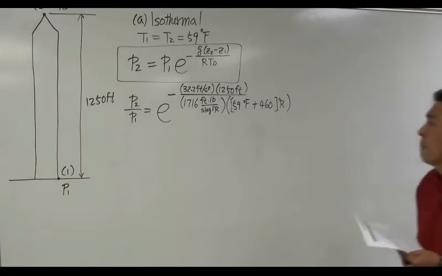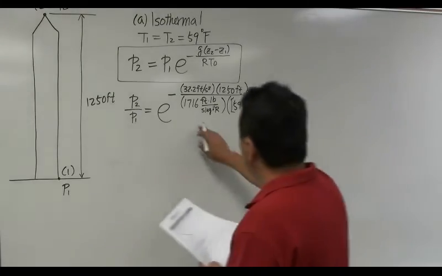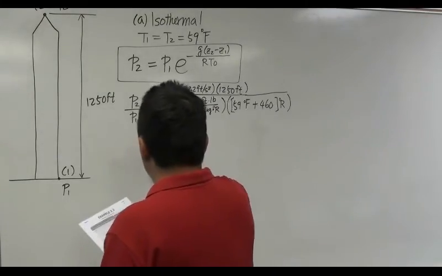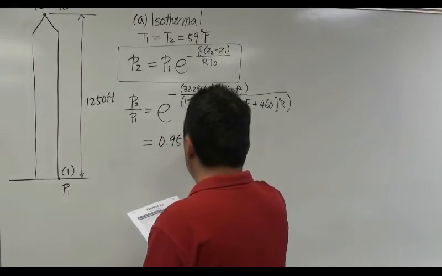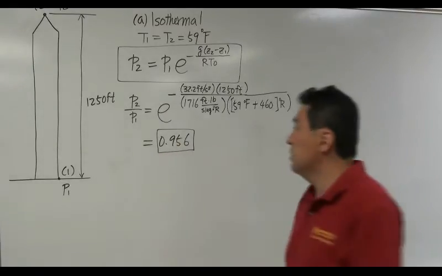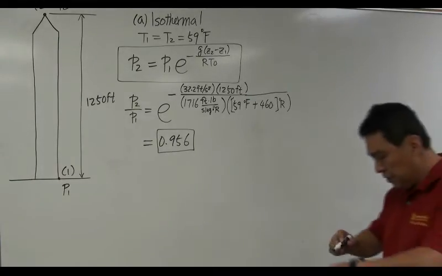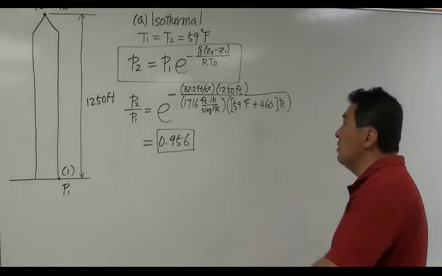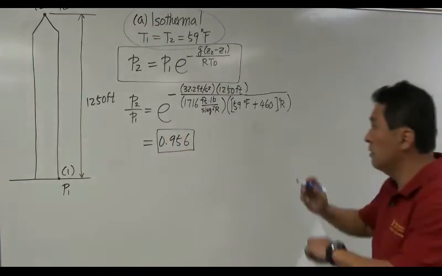Okay? So if you punch the number in your calculator, this is going to give you 0.956. So this is a pressure ratio between top of the building and bottom of the building, assuming the temperature doesn't change but stays constant with this value, isothermal condition.